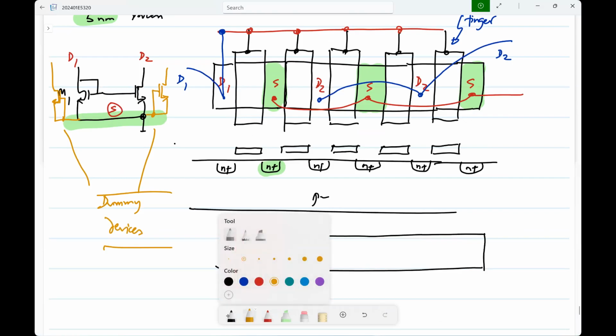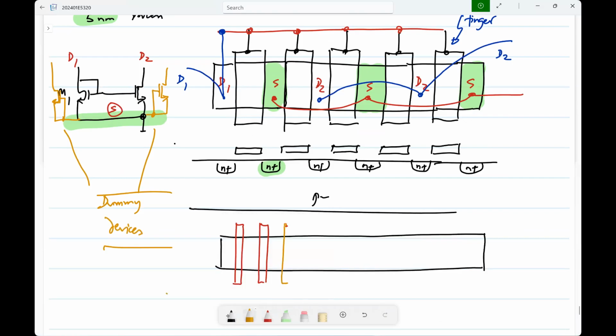Let's say these two can be one transistor, and these two can be another transistor. Now you can see they don't have any common terminals, right? Only thing is you have to make sure that this dummy transistor here, its gate is connected to ground so that it doesn't carry any current. That's all. So you can do this.